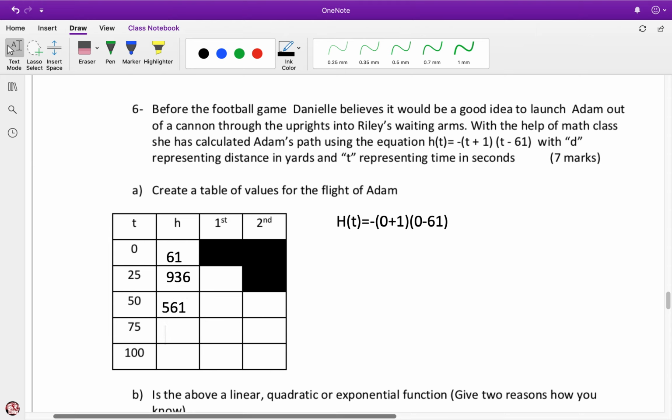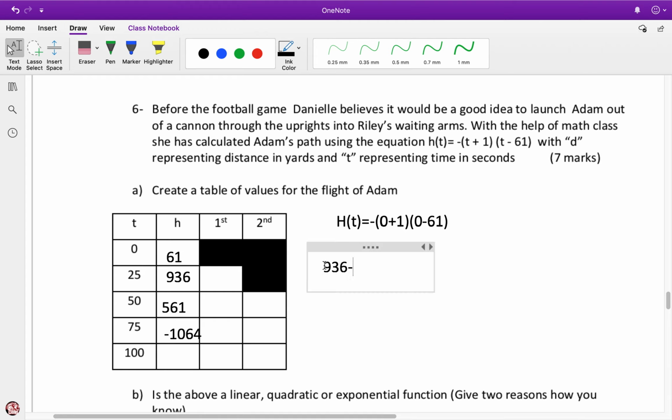I need one more number. 75 is negative 1064. Negative 1064.